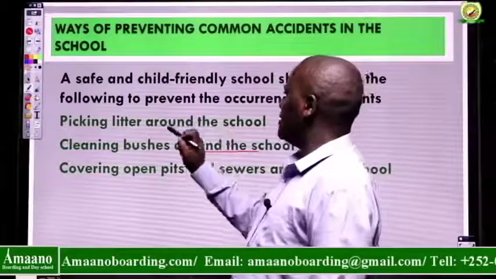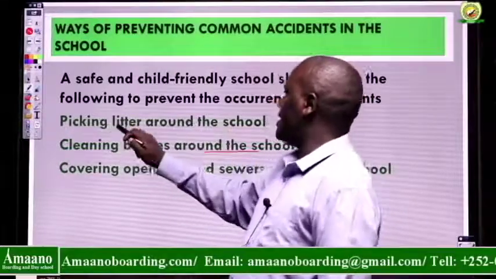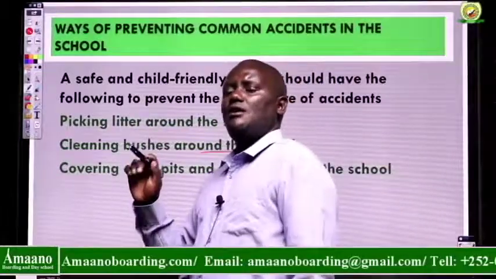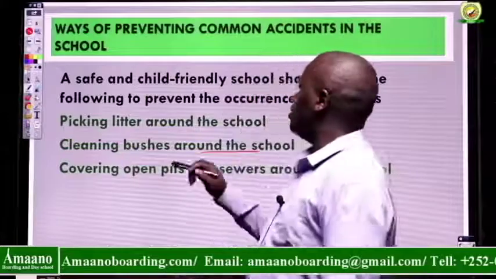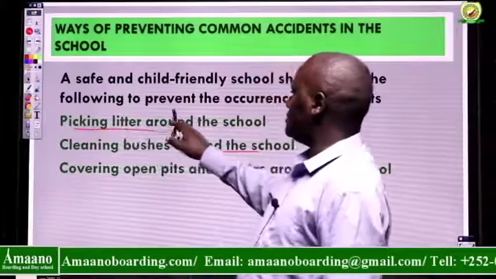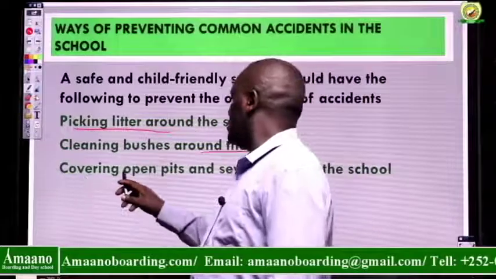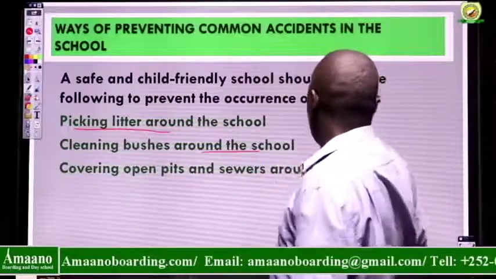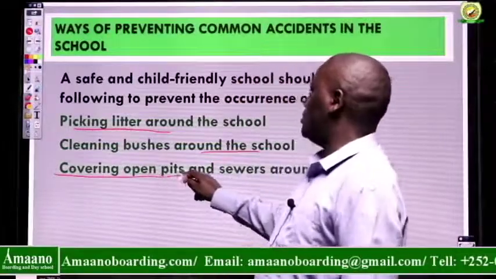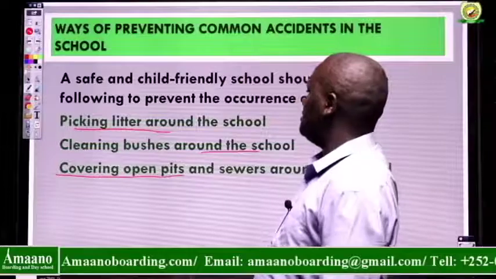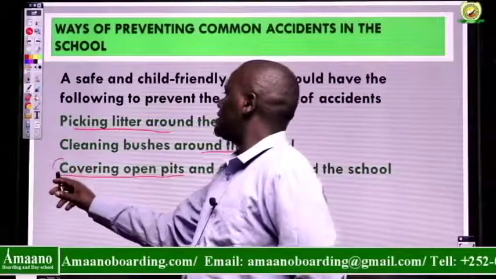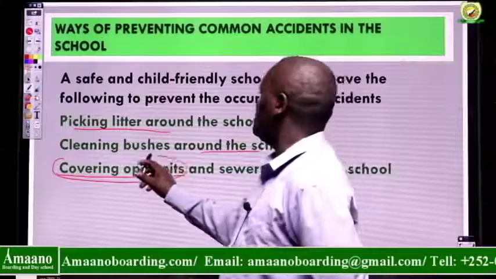As I told you, the first one is picking the litter around the school. When you see papers and litter in the class or in the school environment, they should be collected and put in the pits. Third one, cover open pits and sewers around the school. Open pits, these are like the holes in the school, like the garbage pits. They should be covered. If they are not covered, a student can easily fall into these pits.